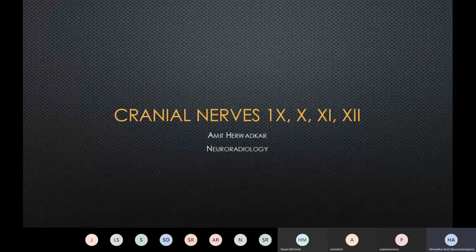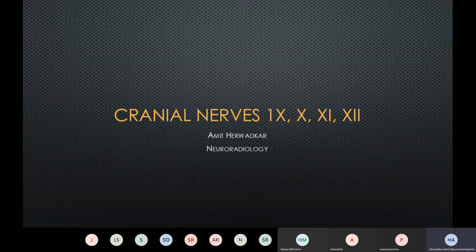The 12th, the hypoglossal nerve, is mainly the motor nerve for the tongue, but the 9th, 10th, and 11th nerves are not just concentrated around the head area, and you'll realize the implications of the 10th nerve itself, which goes all the way down to the pelvis.